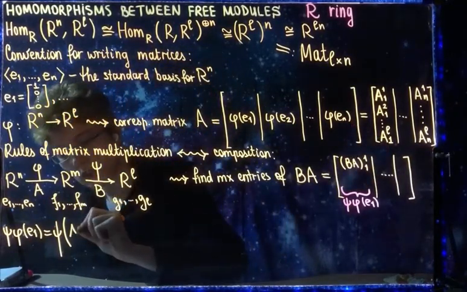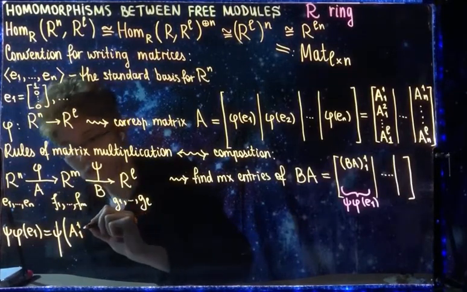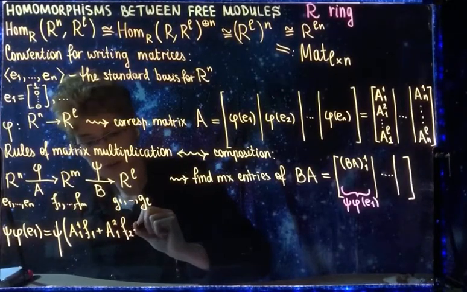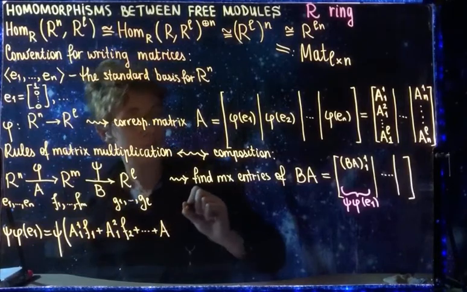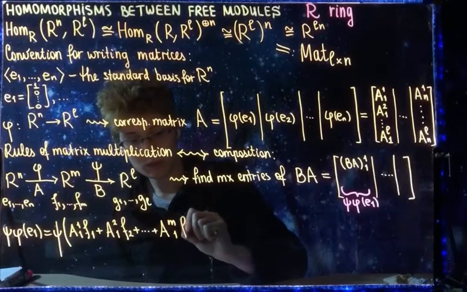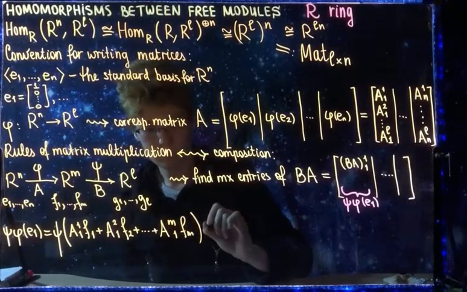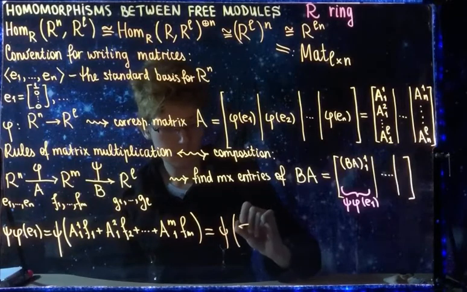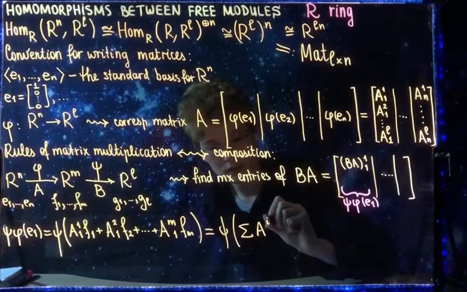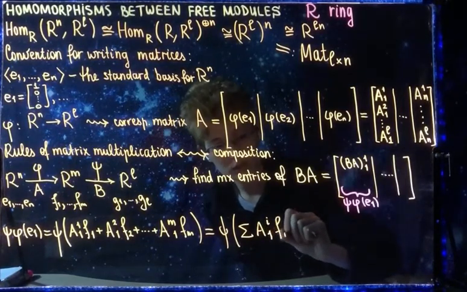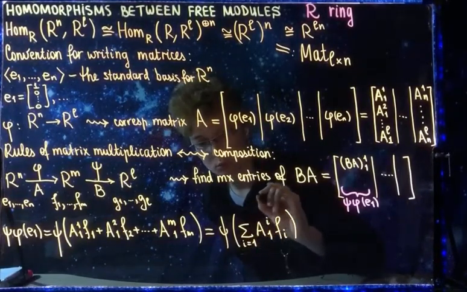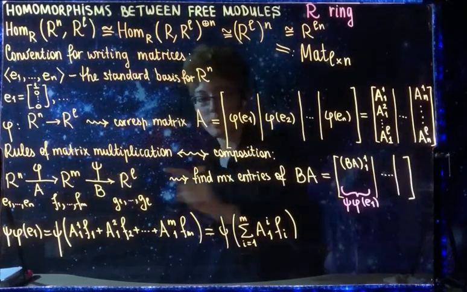So we have that this is A11 F1 plus A21 F2 plus etc. M1 Fm. So I write it with sigma notation as sum of Ai1 Fi, where i ranges from 1 to the rank of Rm, which is m.